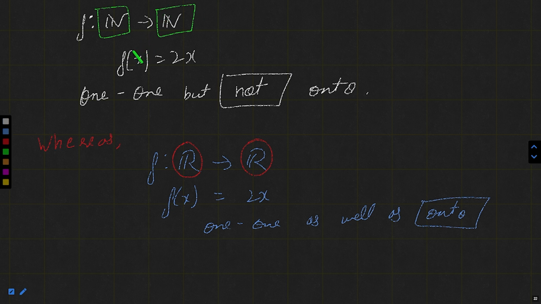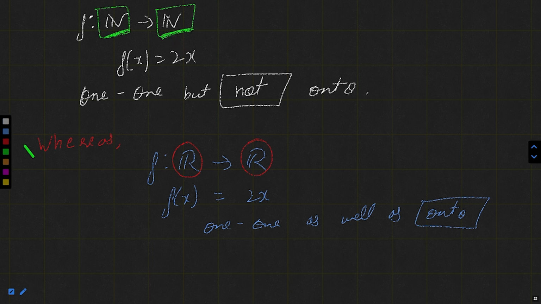It might happen that one function is not 1-1 and onto, but if you take another set or a subset of the sets given to you, it might become 1-1 as well as onto.